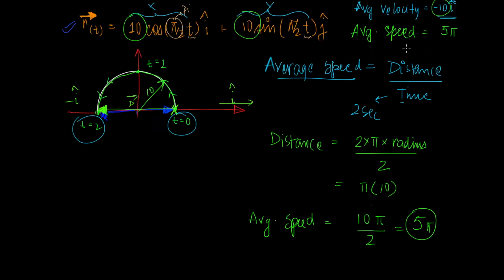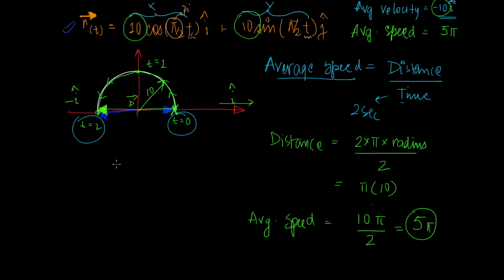So average speed is a greater term in terms of magnitude than average velocity. That happens because distance is usually more than displacement. Distance traveled between time equal to 0 and time equal to 2 is the length of the arc. However, displacement was this straight line. And if you notice in Euclidean geometry, a straight line is the shortest distance between 2 points.